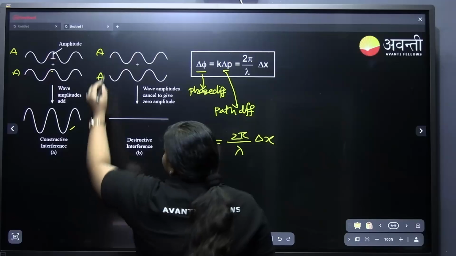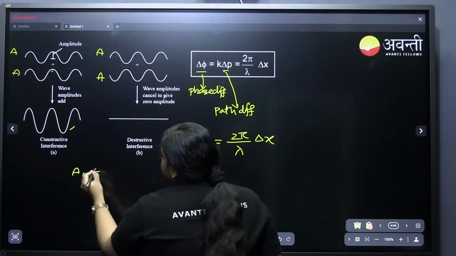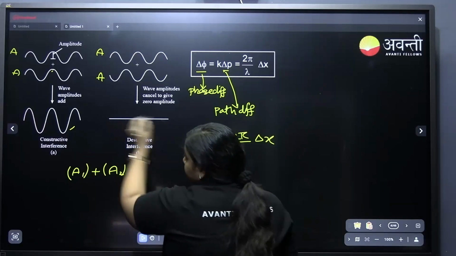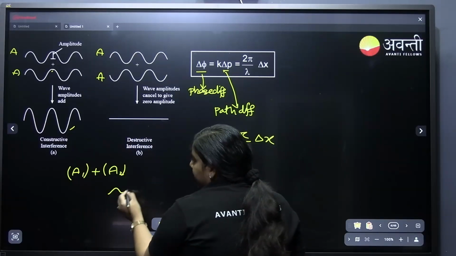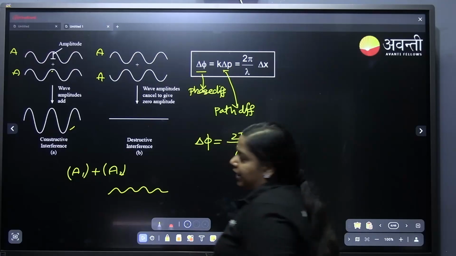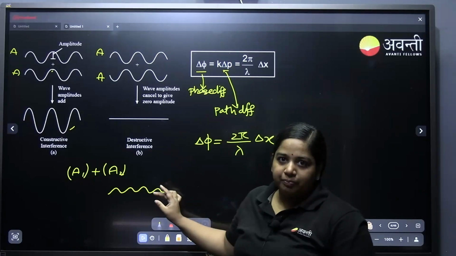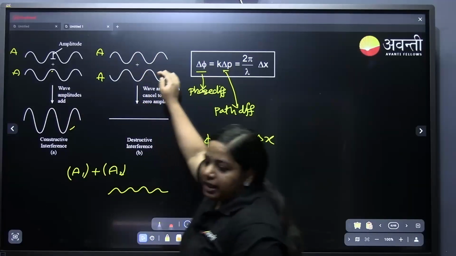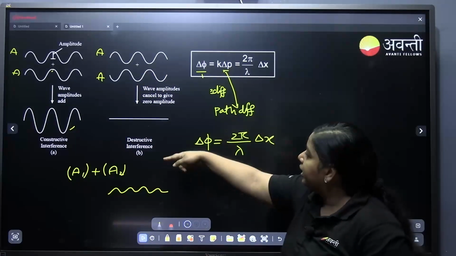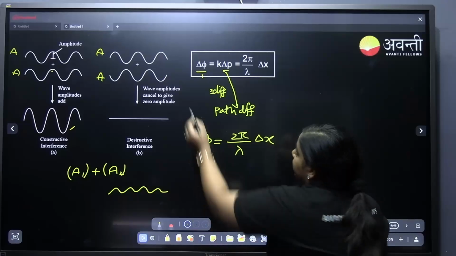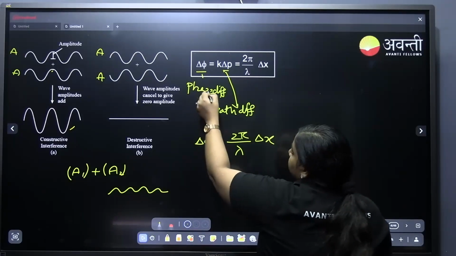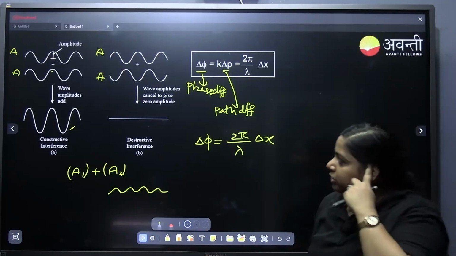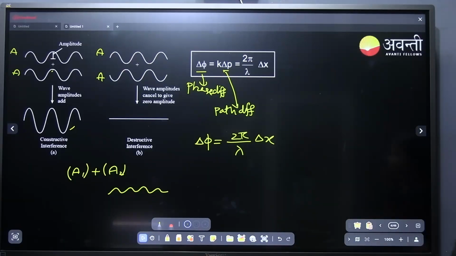If it is A1 and A2, A1 plus A2 is happening, then our final destructive interference will be a wave only but with smaller amplitude. Here the amplitude is increasing, here the amplitude will decrease. Is there any doubt? I guess not, so we can move on.